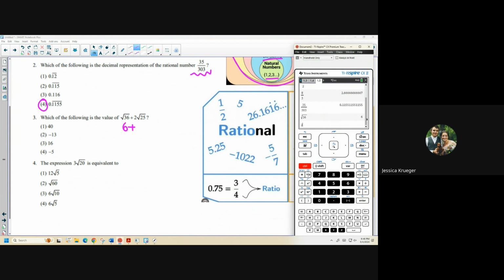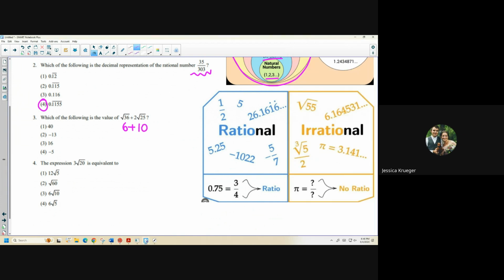There's an error here. 2 radical 25. Enter. 10. Oh, so this is really 6 plus 10. That's also known as 16. It's 3. So this is a rational answer.